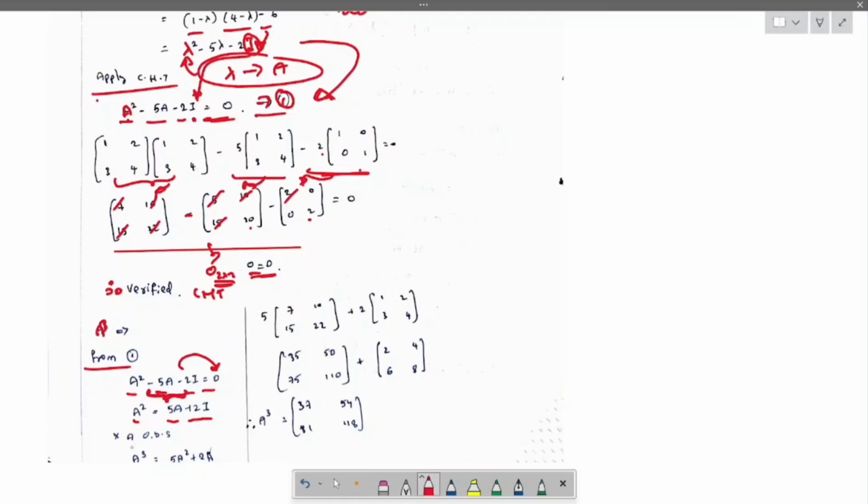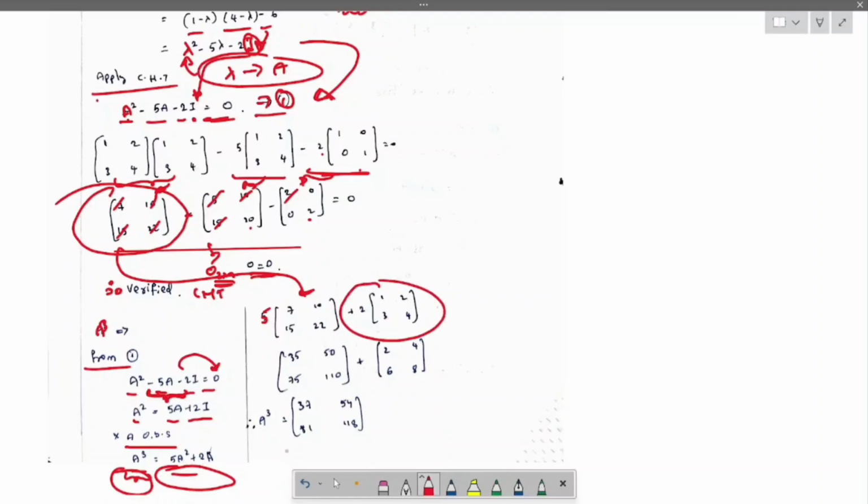Multiply A on both sides, and we get A cube as 5A square plus 2A. Now instead of finding this here, we can directly put in 5 into A square, which we got earlier, plus 2A. When you simplify this, you will get this. I hope you got the idea on this question.